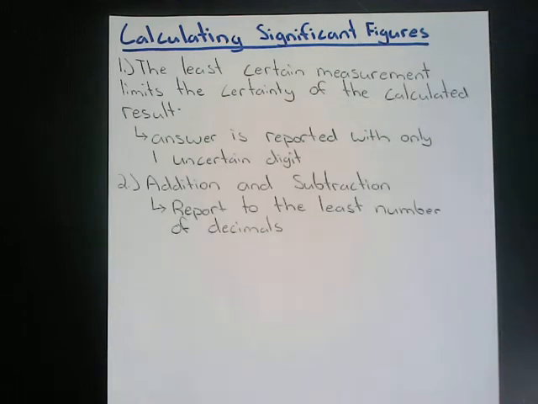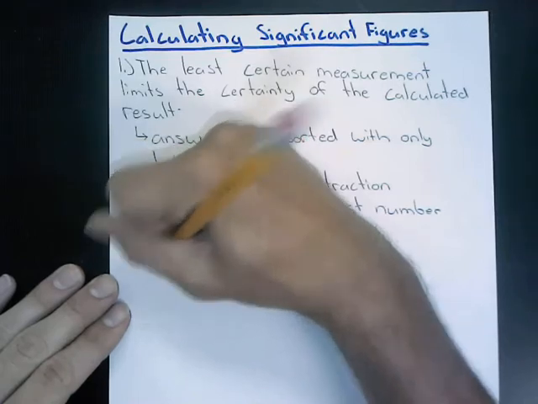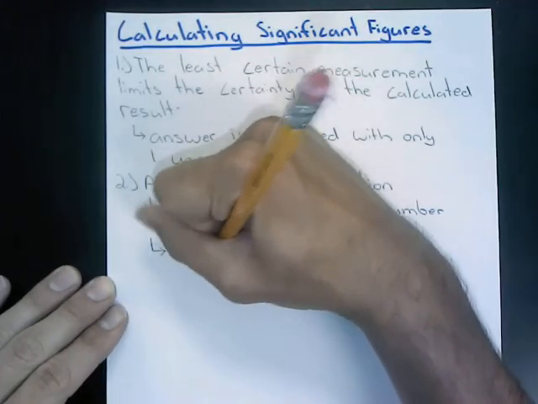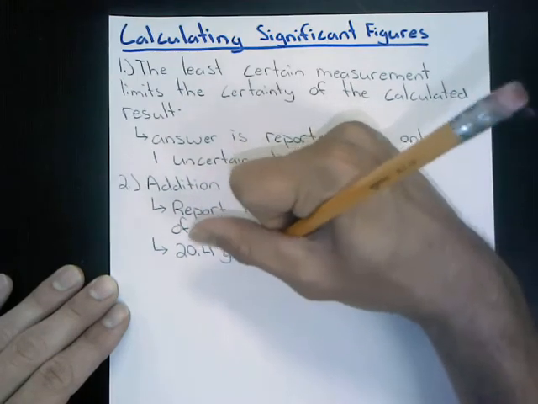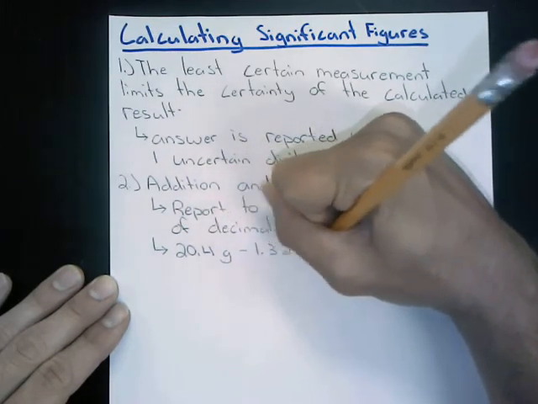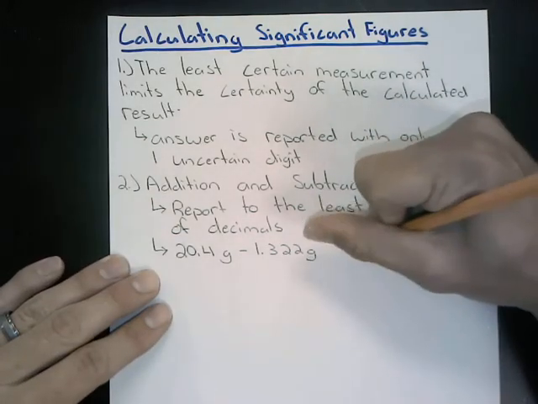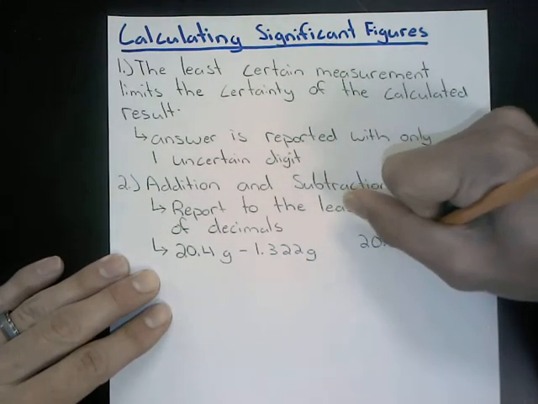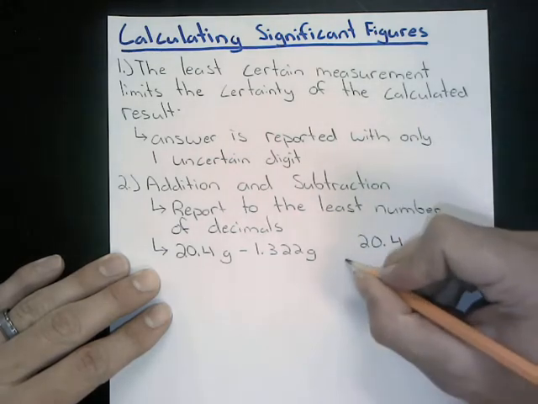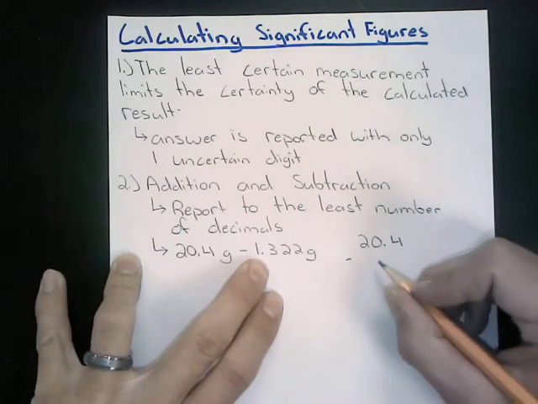So an example of this is if we took 20.4 grams and we subtract 1.322 grams from it. Now, you could do this calculation, and I'm assuming you could probably follow the rule, but a really easy way to do this, anytime we add or subtract, is to take 20.4 and subtract 1.322 grams, lining up the decimals.